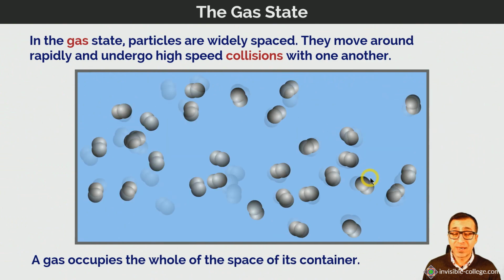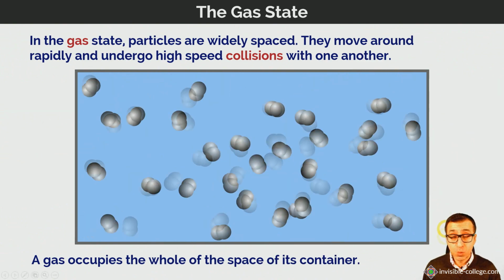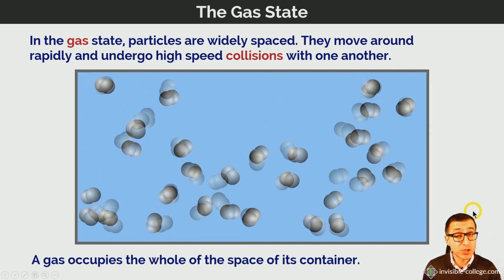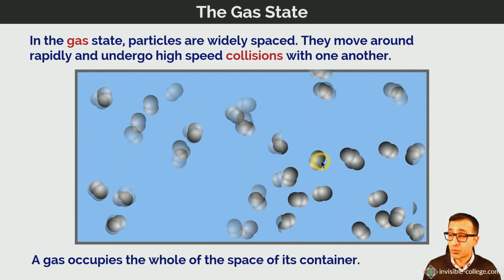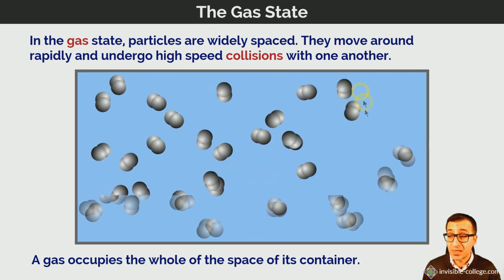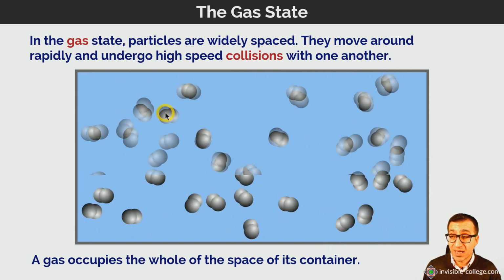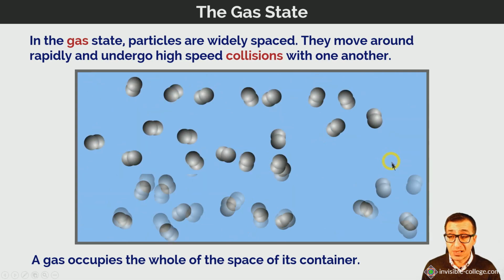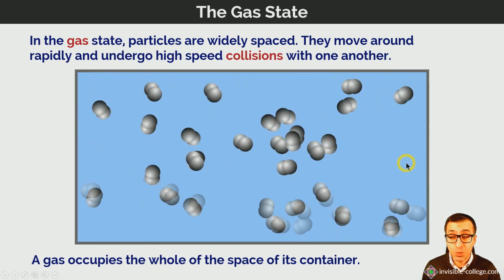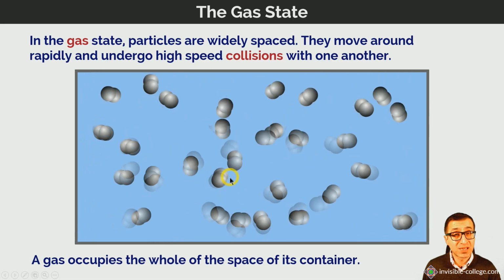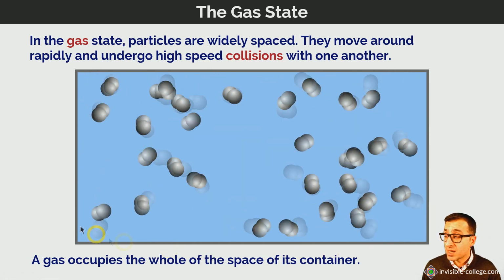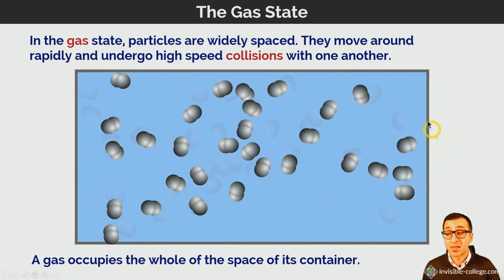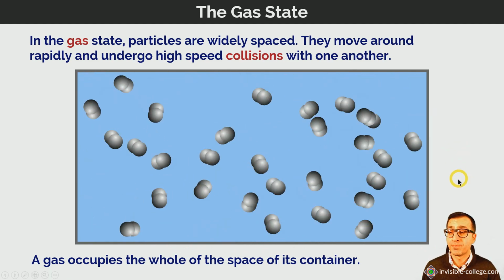Now, the collisions between gas molecules and the walls of their container are what is responsible for the phenomenon of gas pressure. As the temperature of the gas increases, the collisions between the gas molecules and the walls of their container become more frequent, and therefore the impulse, the tiny force imparted by each one of these collisions to the walls of the container, results in a greater amount of force being exerted at any given time on the walls of the container, and therefore a greater gas pressure.